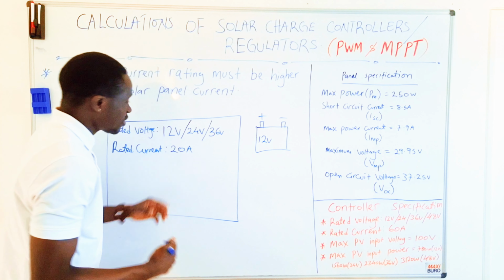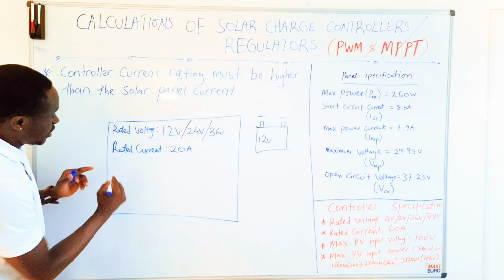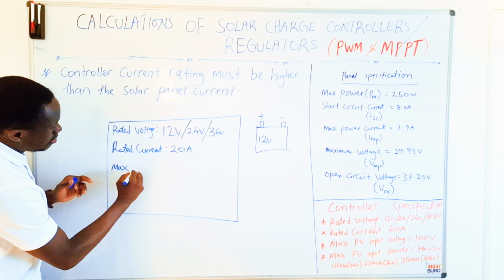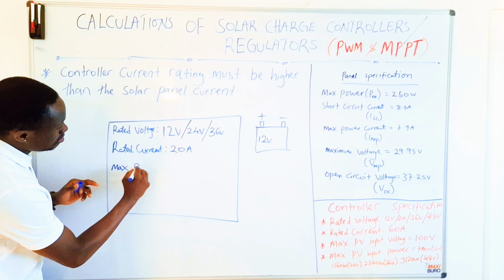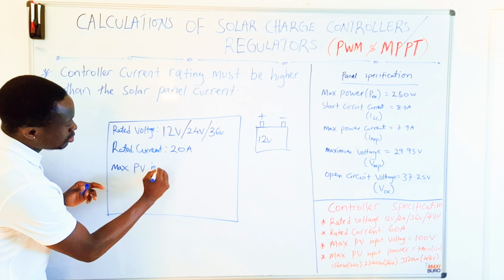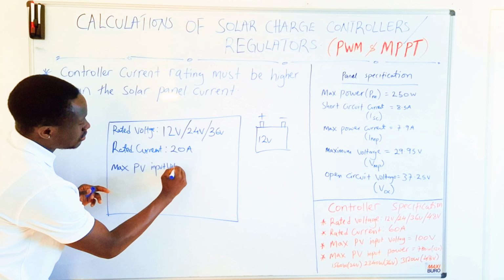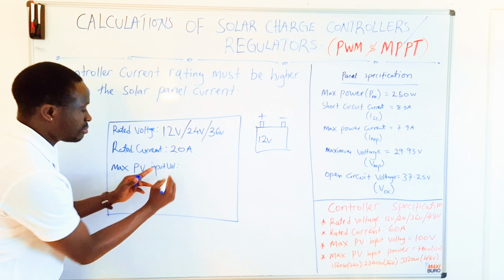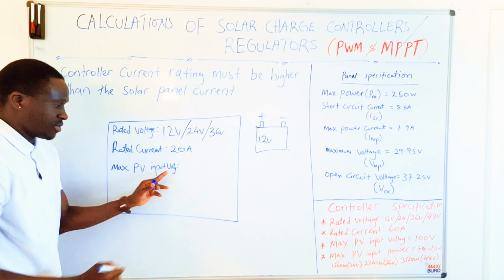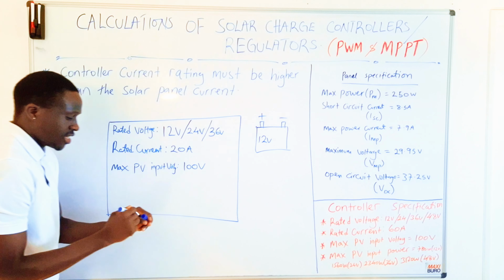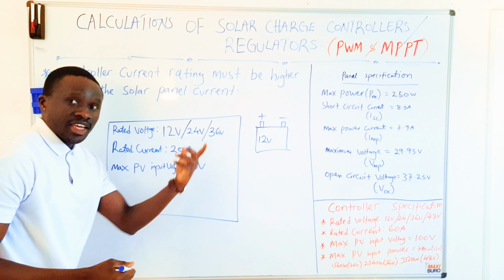Okay, now another thing you will find is the maximum PV input voltage. They will put, let us say, 100 volts, meaning the voltages of your panels added together must not exceed 100 volts.